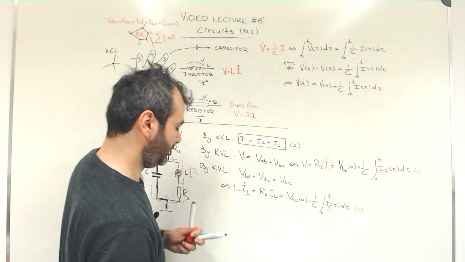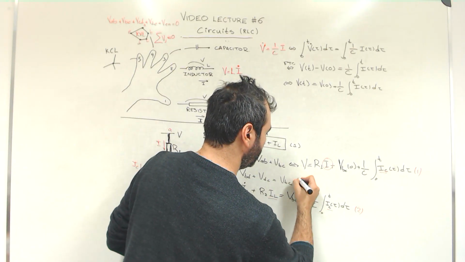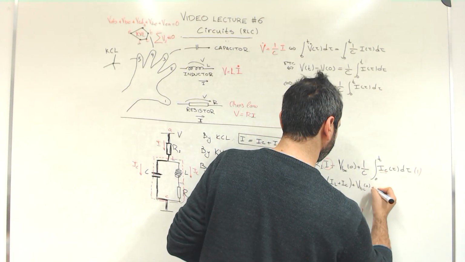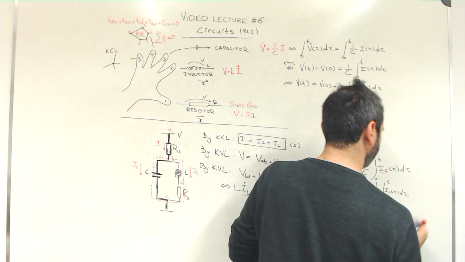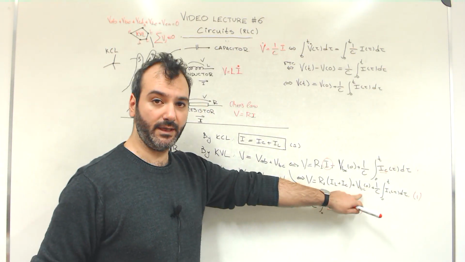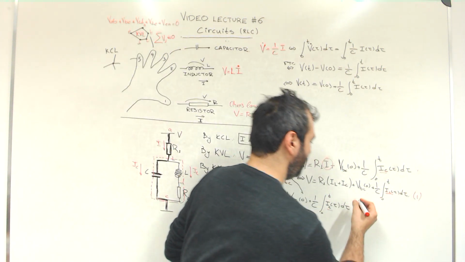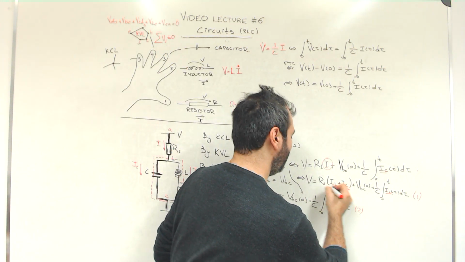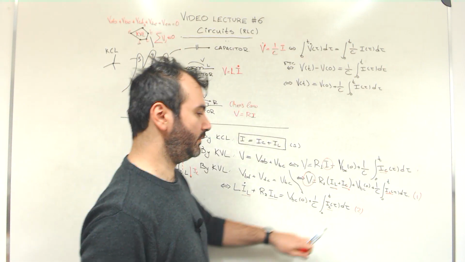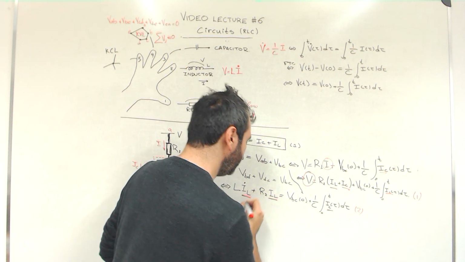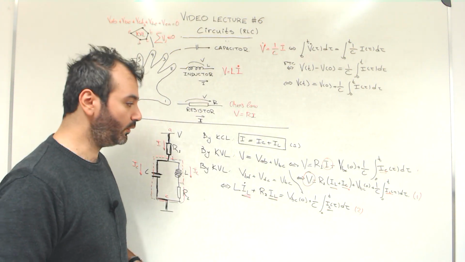I will rewrite it at this position. And this will be my equation number 1, which involves IC and IL and the input variable. And equation number 2 is also fine. It only involves variables of interest and nothing more.